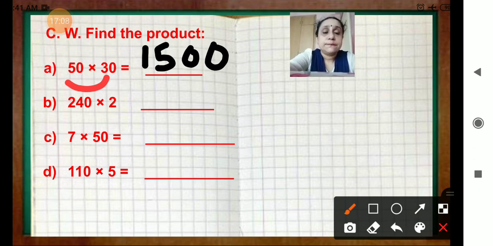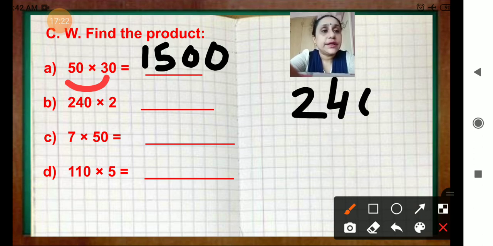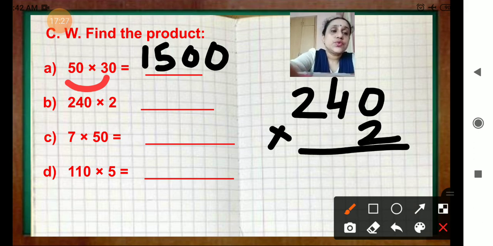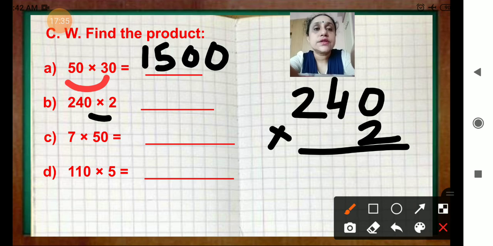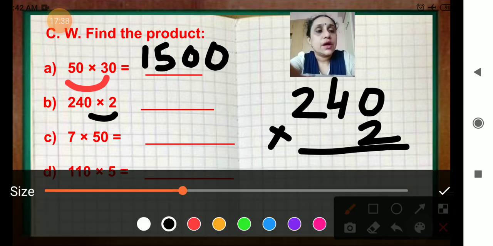Now question B. 240 multiplied by 2. How we will be doing? First, 2 zeros are, or you can do your rough work also like this vertically. First, 2 zeros are, or 0 twos are you have to do. Then, see, first this one. Now, what will be the next? 2 zeros are 0.